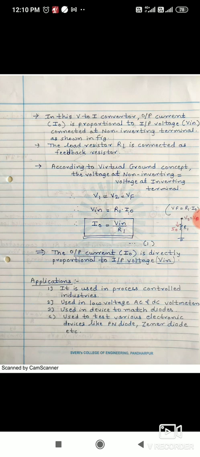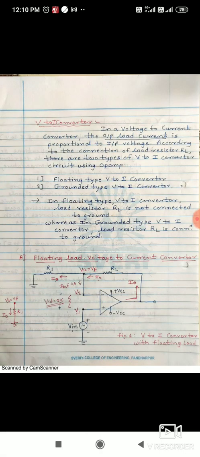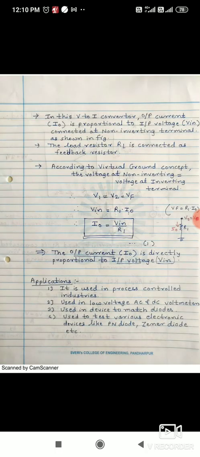Vin is the input voltage you connect at the non-inverting terminal. Means the input voltage Vin is converted into output current I0. I0 is directly proportional to the input voltage, means if you change the input voltage Vin, you can get the respective output current I0.